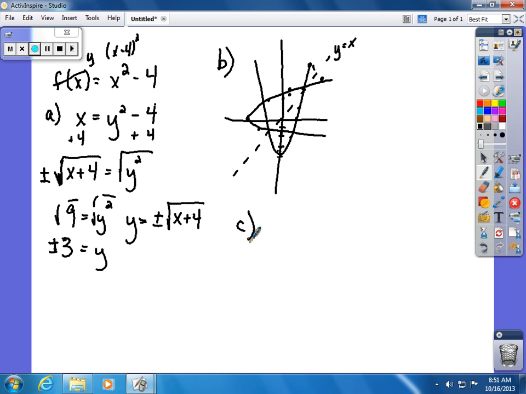So for part C, we need to figure out what the domain and range for both of these functions are. So let's start with our original function, which was this parabola right here. So that was just f of x. So the domain for this one, and again, domain is all possible values that x can take.